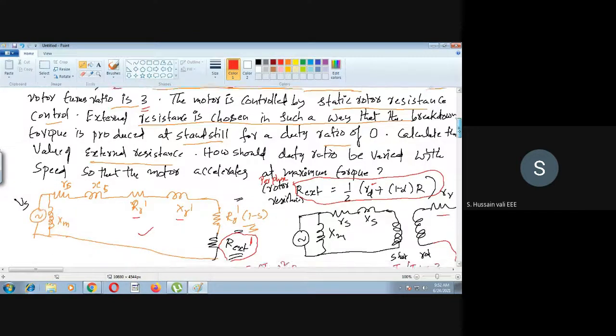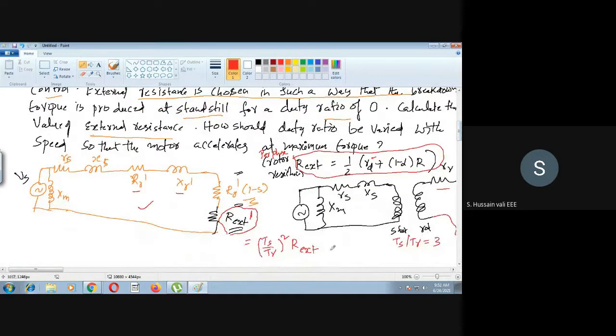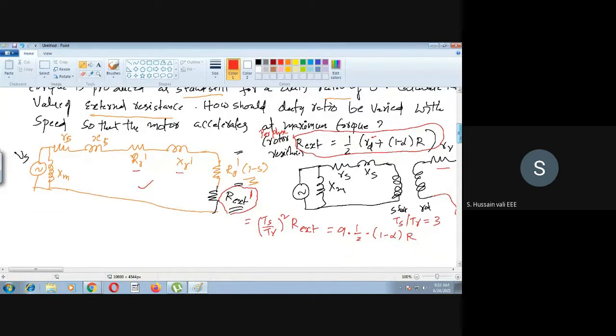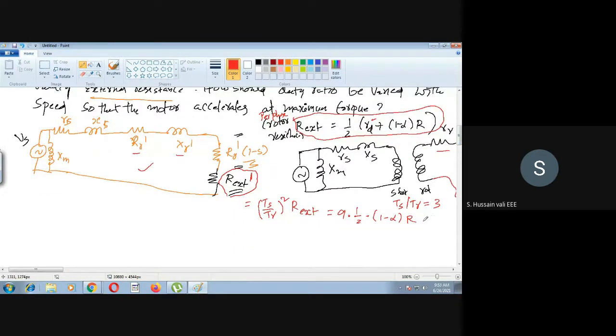Then TS by TR whole square is 9, into 1 by 2 into 1 minus alpha into R. We can simplify this further: 4.5 into 1 minus alpha into R. This is the external resistance we are finding out.